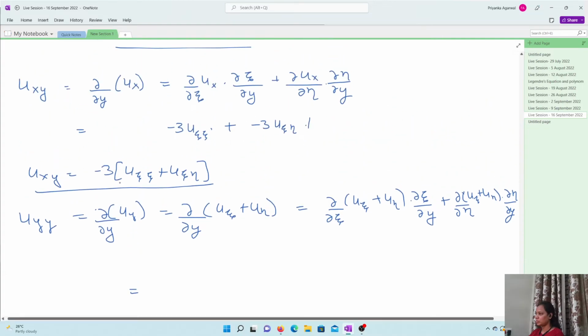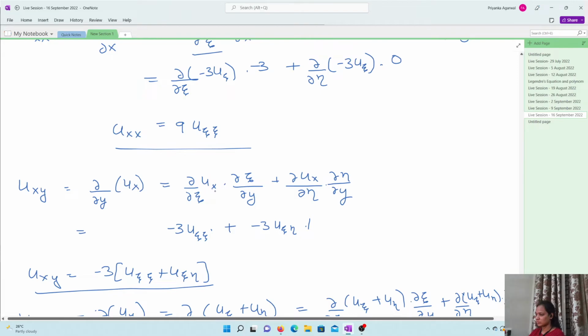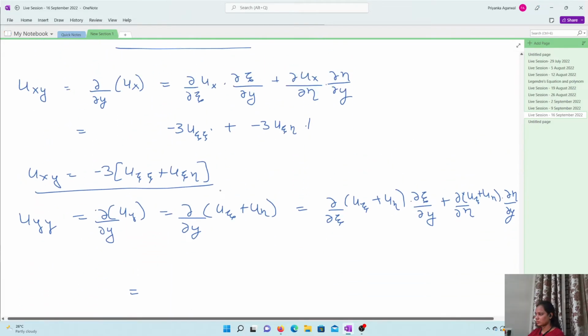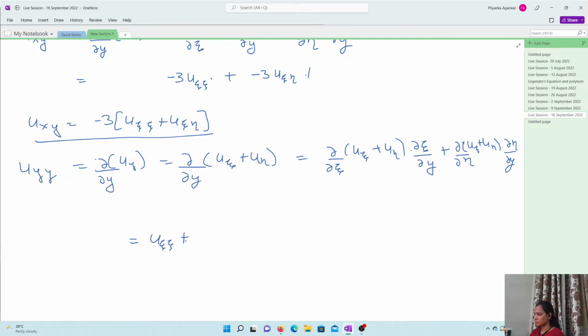Okay, so del by del xi of u xi is u xi xi plus u xi eta into del xi over del y is 1, plus this becomes u xi eta plus u eta eta into del eta over del y is again 1.